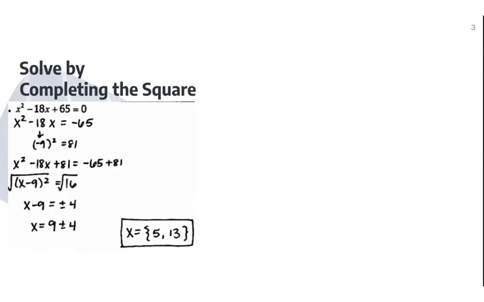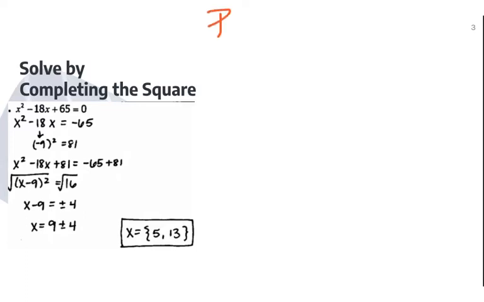All right, so the next one, some notes that you should take when completing the square. Completing the square just means you have to get a perfect square trinomial alone on one side of the equal sign.